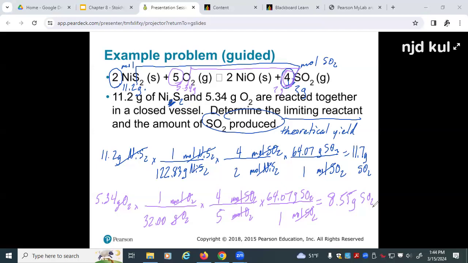Good thing is, the calculations mirror each other, and we usually solve both questions at the same time. The best way to find the limiting reactant in a problem like this, where we also have to find the yield, is to calculate the yield for both reactants and figure out which one makes less. Just like we did in the cheeseburger problem.